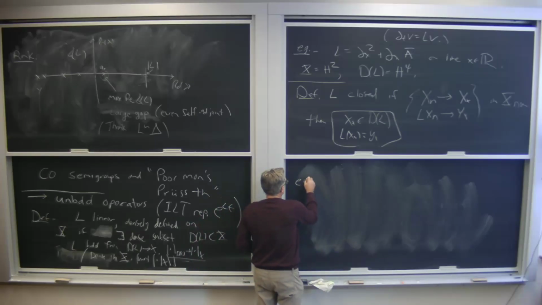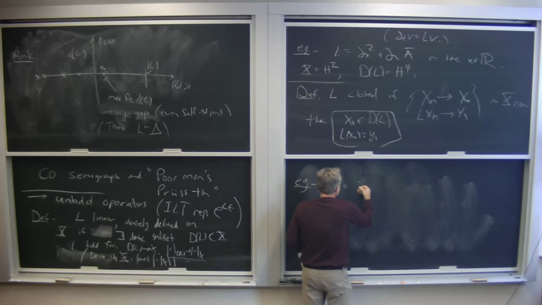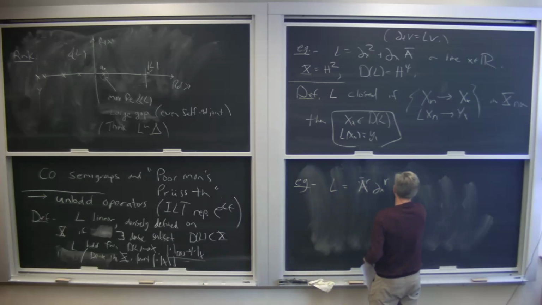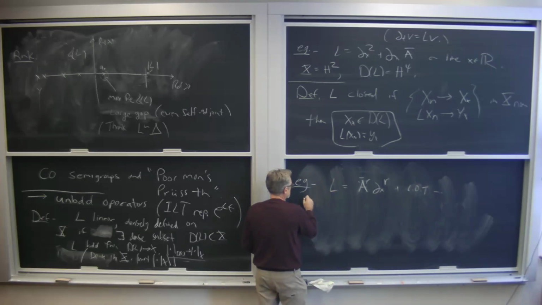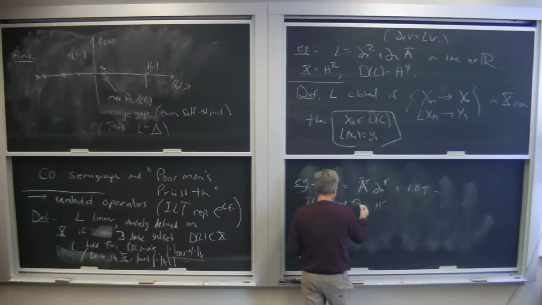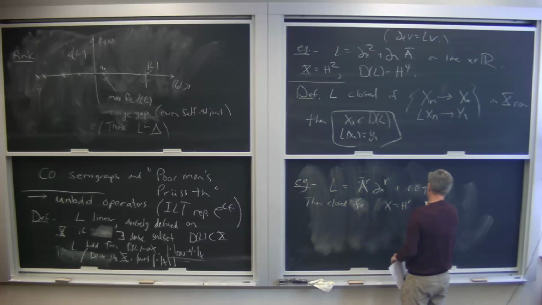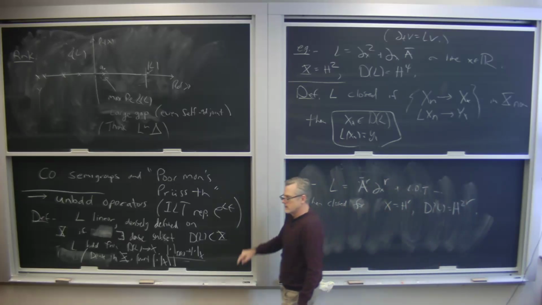Okay, so for example, if L is A R bar dx to the R plus lower order terms, lower derivative terms, then it's closed for X equals HR and D of L equals H2R, for example, what we're doing here.